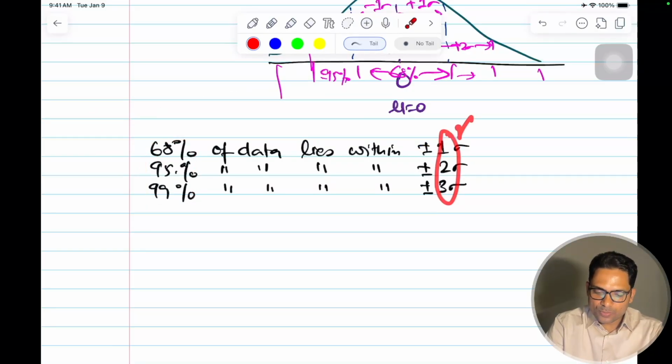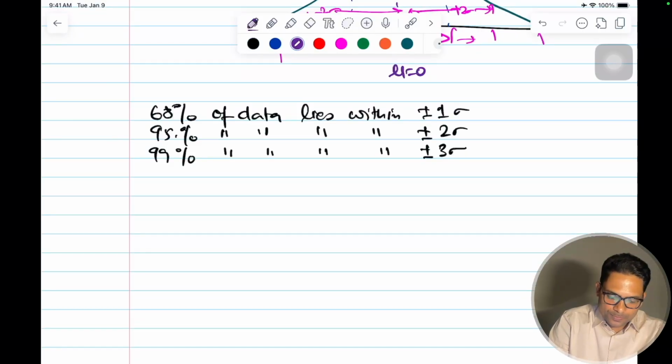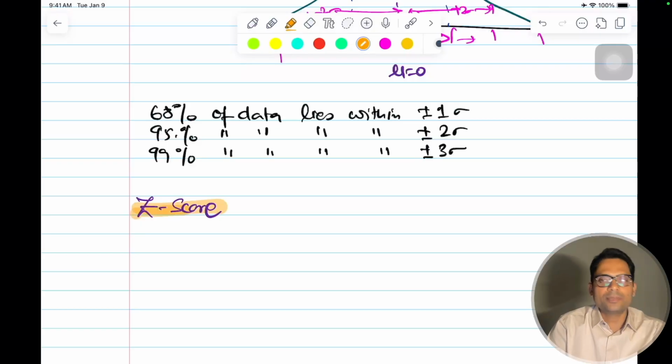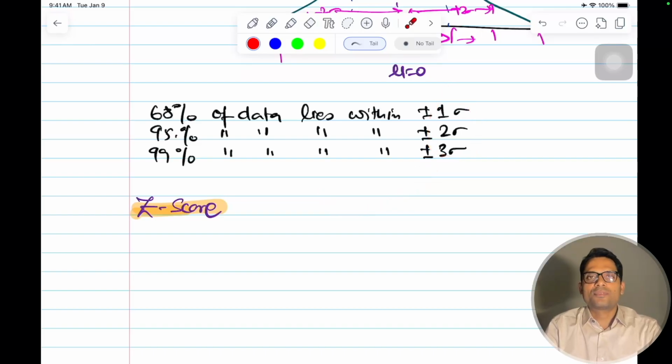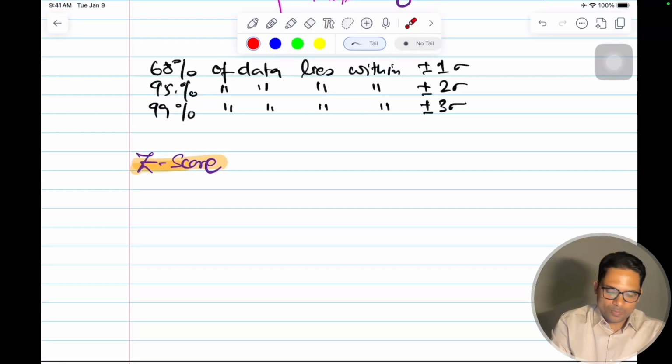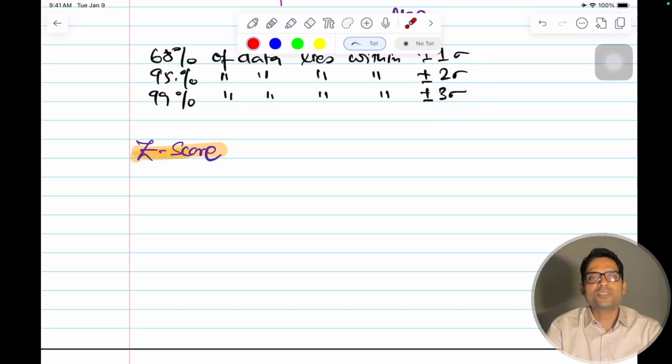These corresponding values are known as the z-score. This is a standard score to measure the standard deviation after the data is standardized, for a specific data point.